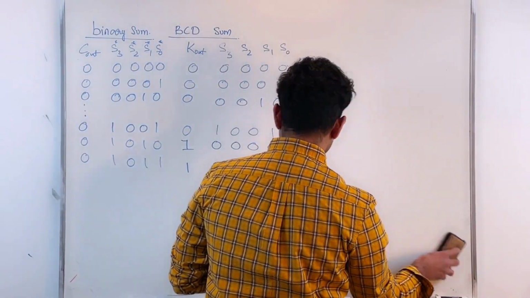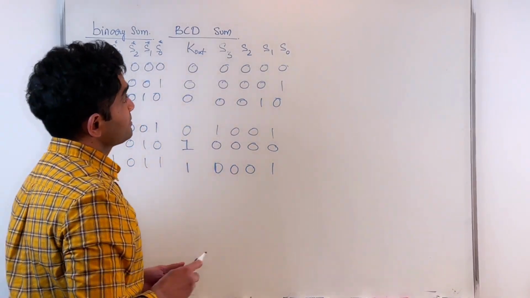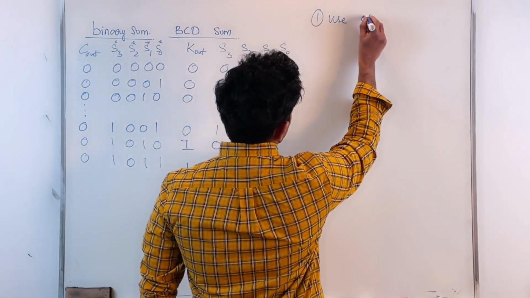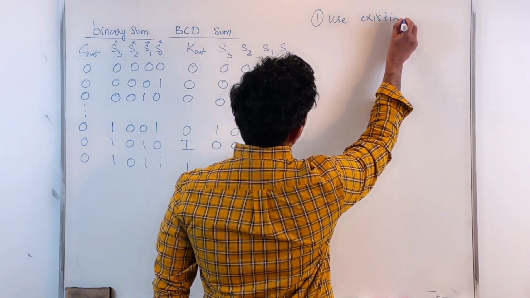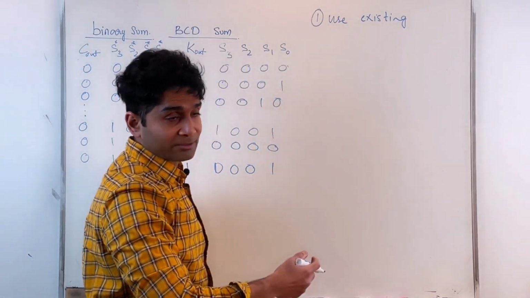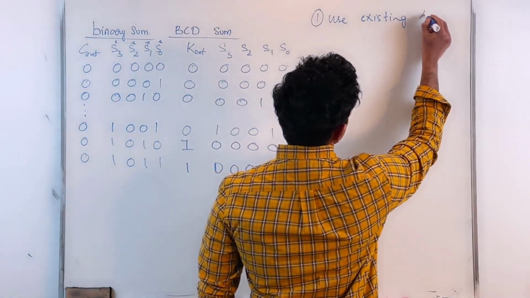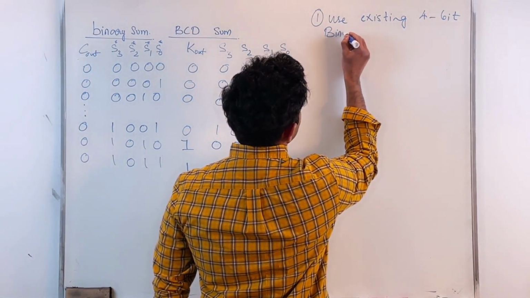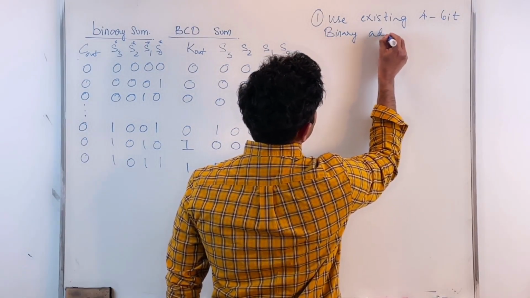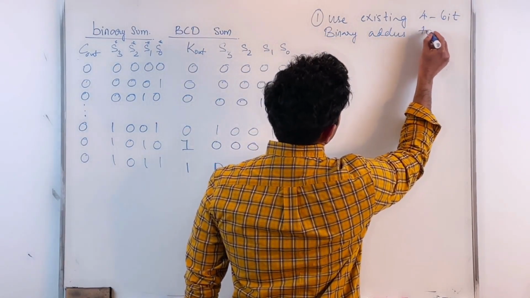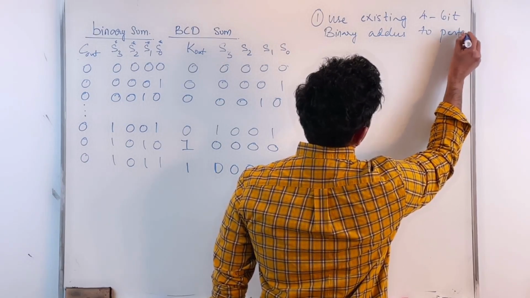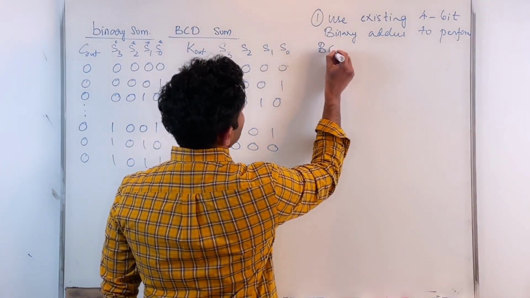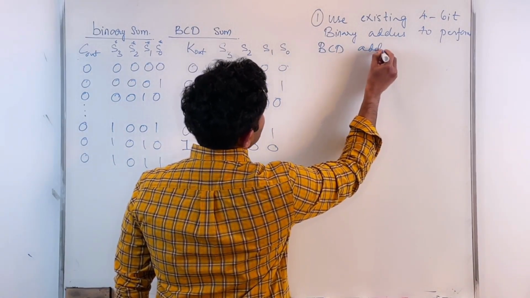To simplify my design, number one, I will use existing 4-bit binary adders. You already know how to design your own 4-bit adders. Instead of designing everything from scratch, I'll use them to perform BCD operations, BCD addition in this case.